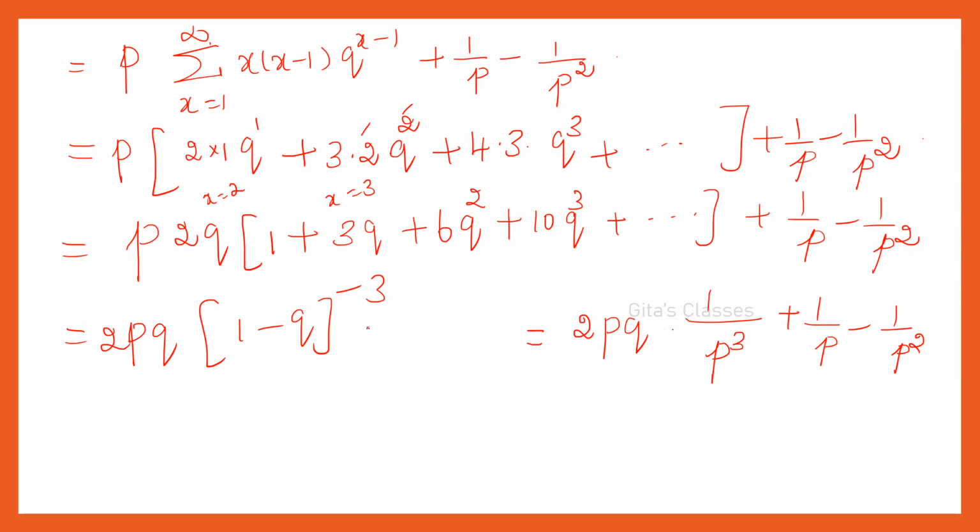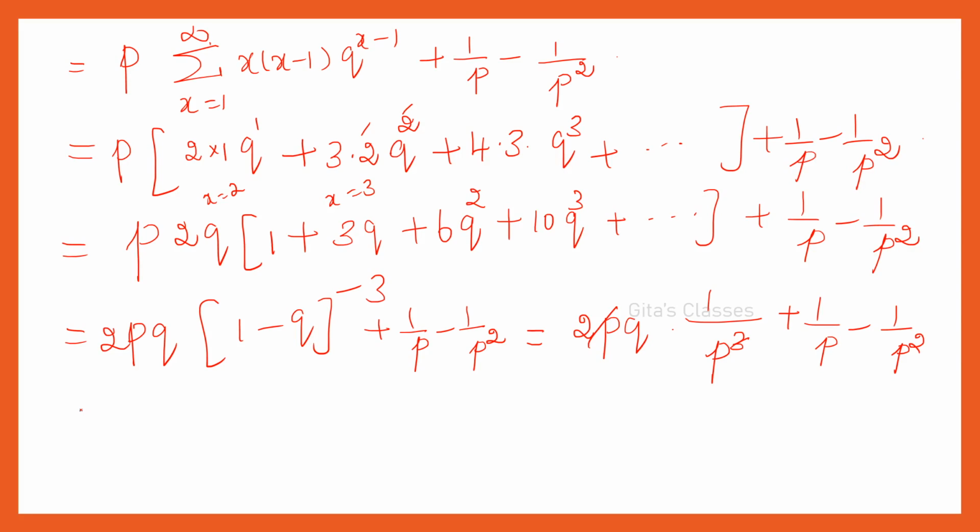Here again I forgot this: 1 by p minus 1 by p squared. Okay, don't forget that. So p and here p cube, this will become square, right?